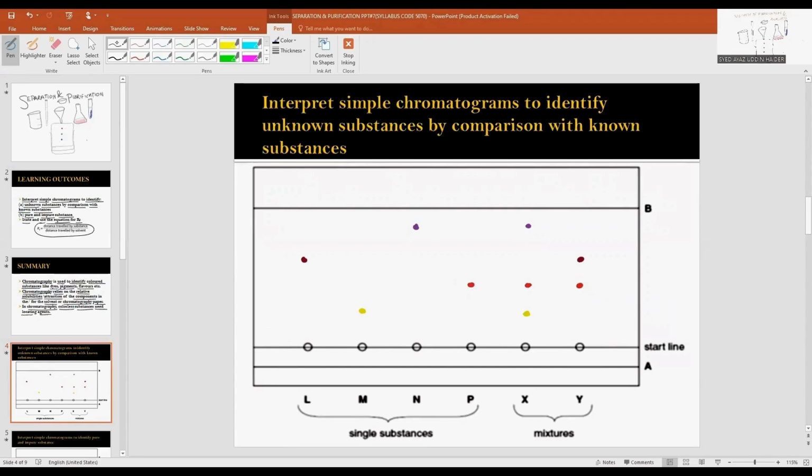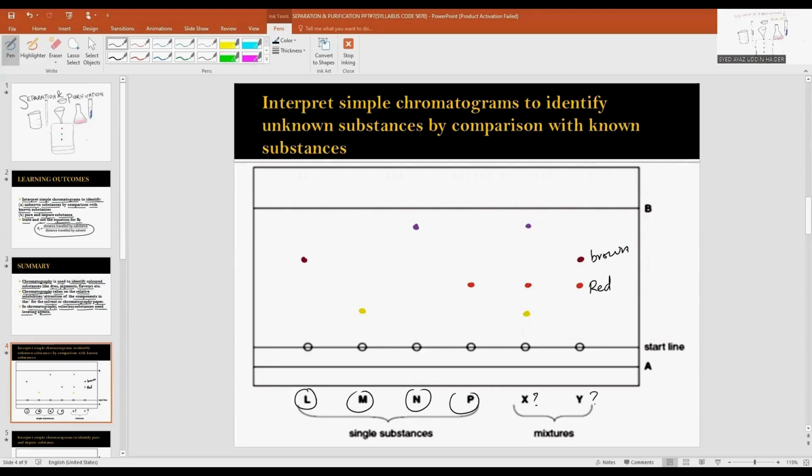Consider the following chromatogram to identify the presence of L, M, N, and P colors in the mixtures X and Y. You can see Y contains L and P only, as it is revealing only red and brown spots. This is the red spot and brown spot.